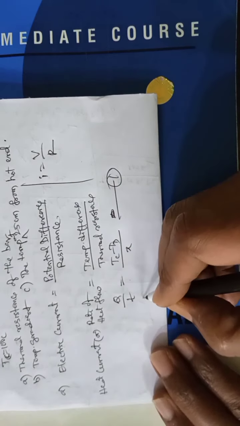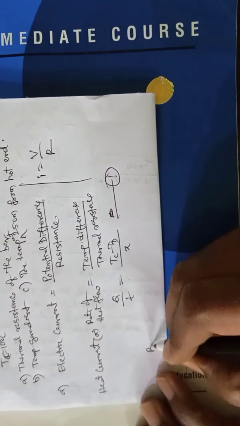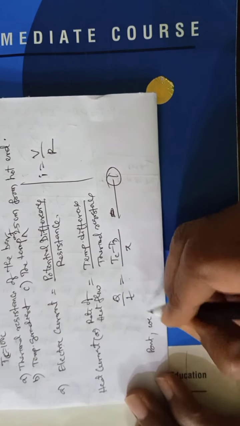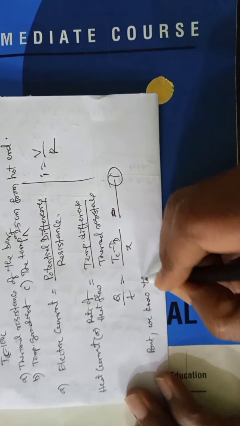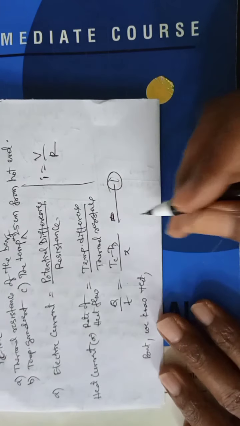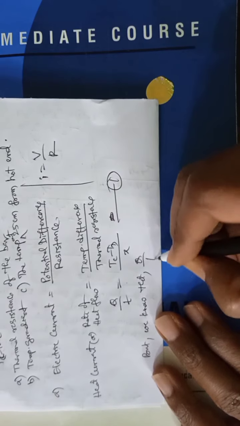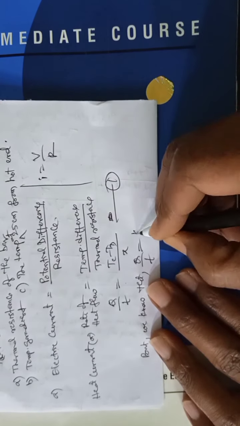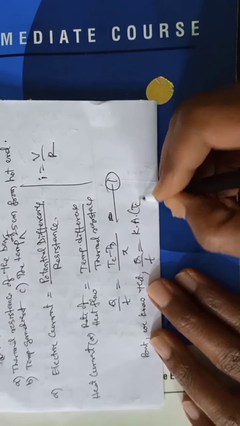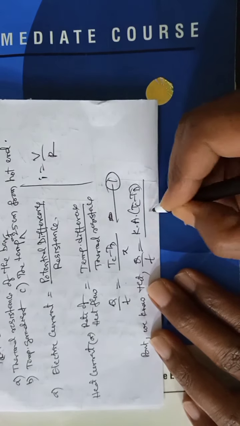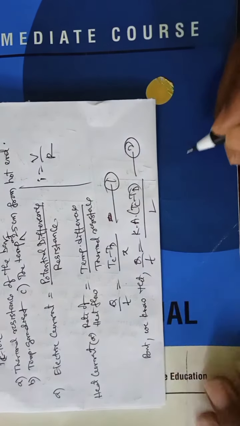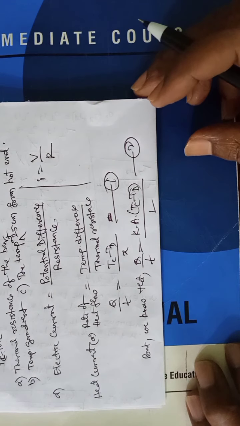Now, but we know the rate of heat flow expression. Q by t is nothing but K A Tc minus Td by L. This is the expression for rate of heat flow.